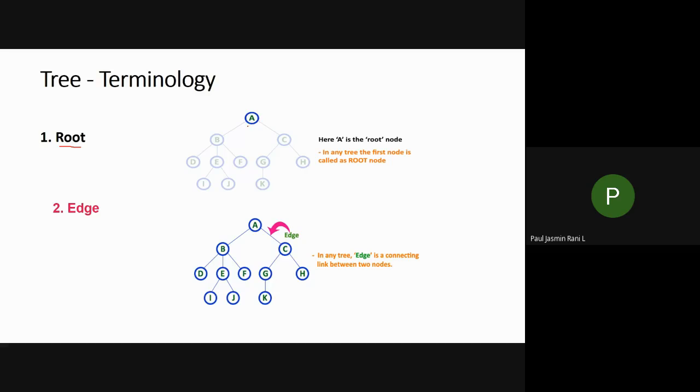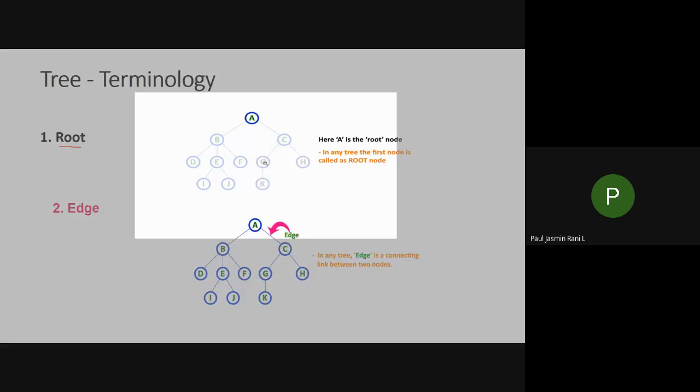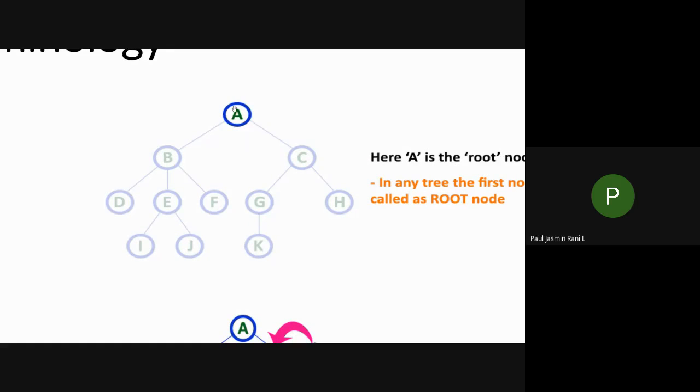The root will be the first node created in your tree. Whenever you create a first node, you call that node a root node or parent node. If you have only one node in your tree data structure, that node will be called a root node. Let us consider this example tree data structure. In this example, A represents the root node.